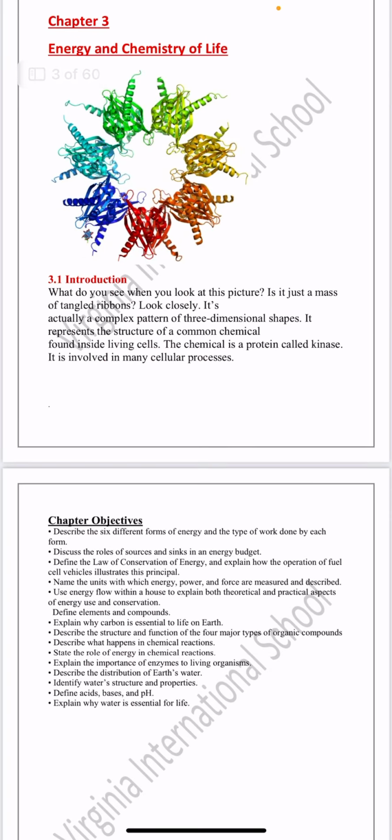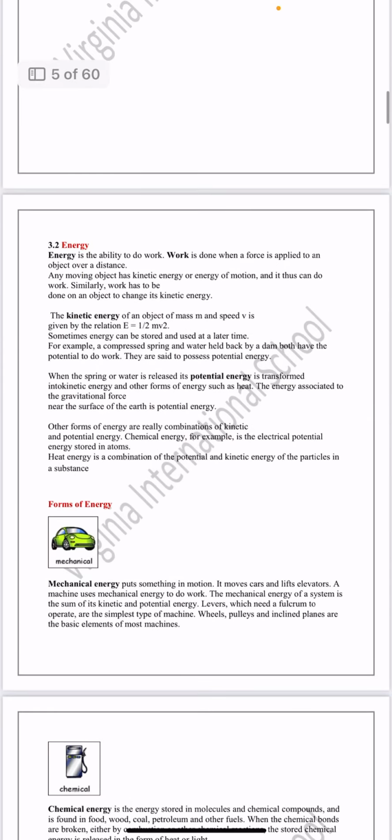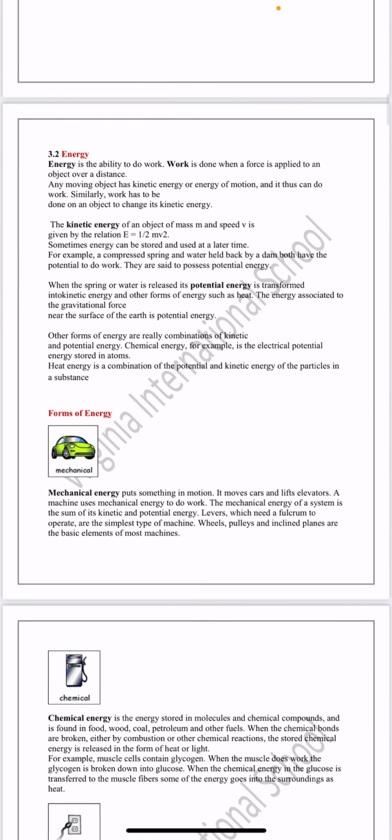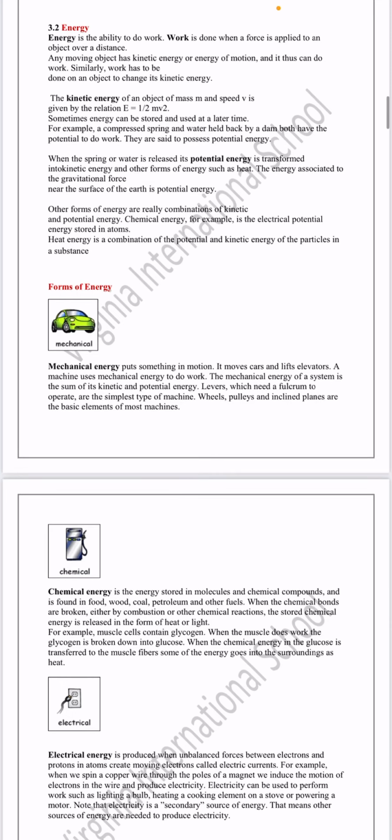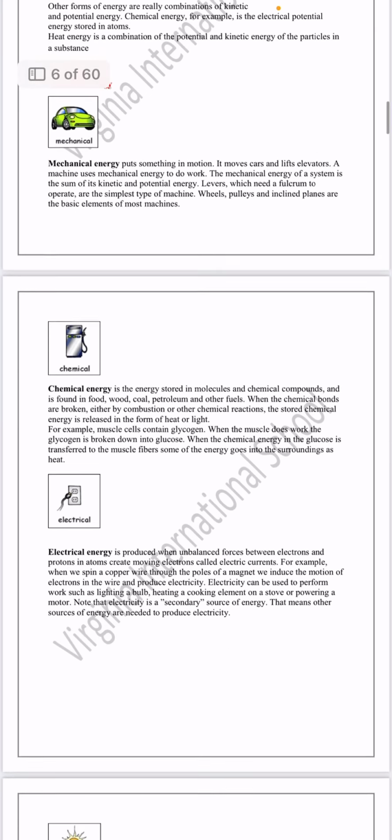Let's go quickly through the types of energy to finish the last part in the energy types, and then start with the second part. We have the mechanical energy, and by the way, you may be asked to calculate it through its given mathematical equation. We have chemical energy.